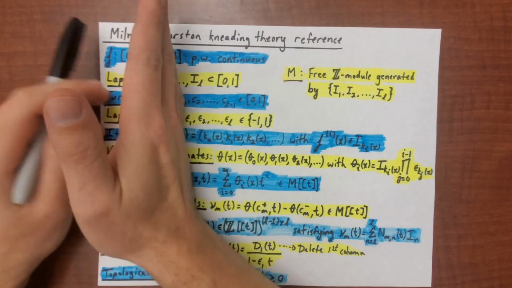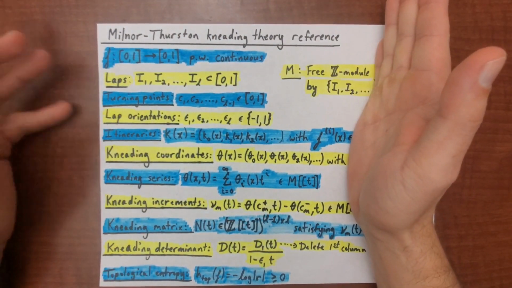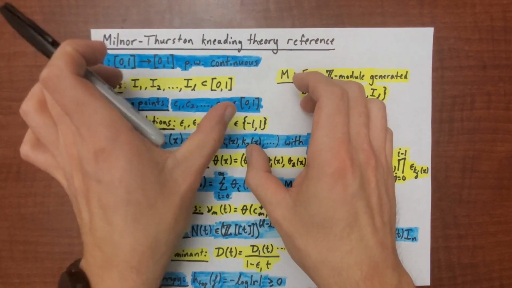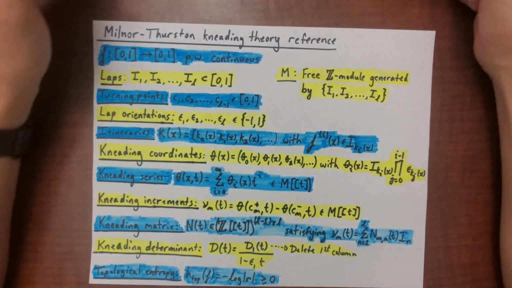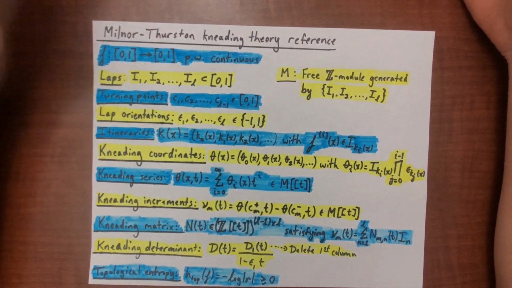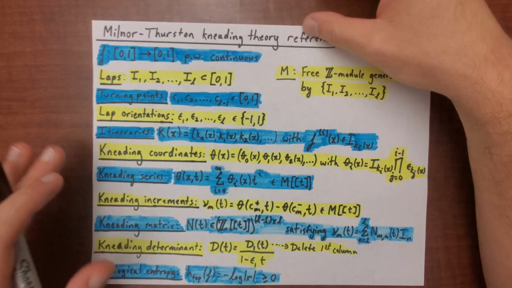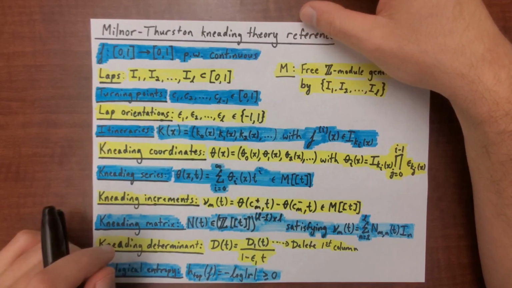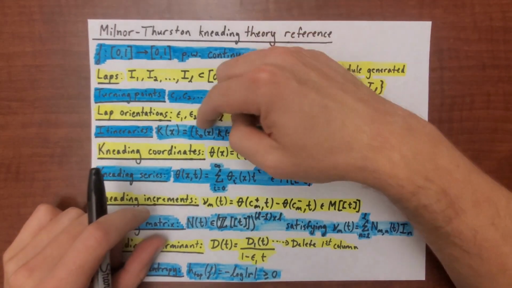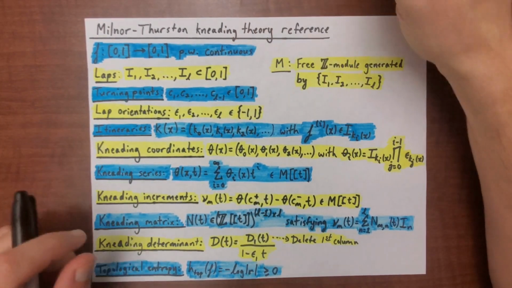So if I chop the interval at different points, it will partition that interval into pieces, which we call laps. The function is going to be monotone, increasing or decreasing, on each of those laps. If it's increasing, you assign a lap orientation of +1, and if it's decreasing, you assign a lap orientation of -1. Very simple.